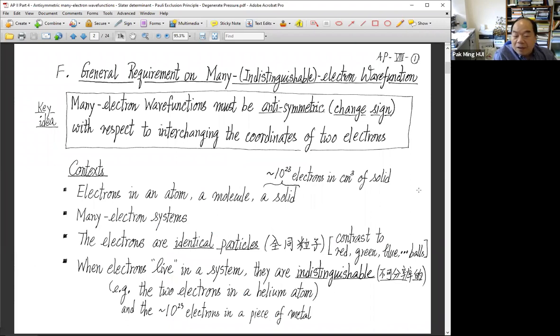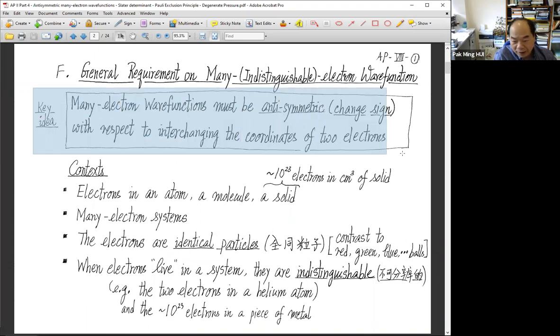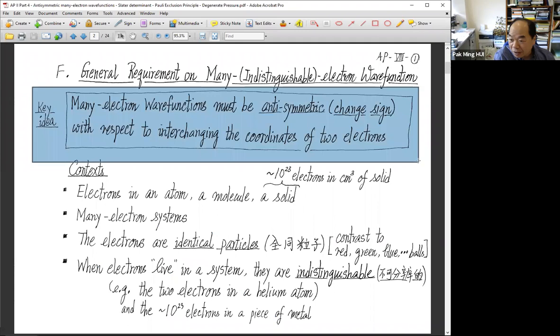So what is the outcome? Okay, now if you don't care about all the other discussion that follows, you must take home this thing. So let me state the main result at the beginning. For those who don't like explanation or anything, you may go to the next section. Okay. So the key result of this section is, whatever way you express the 2-electron wave function of helium atom or the many-electron wave function of any atom, that wave function must be antisymmetric.